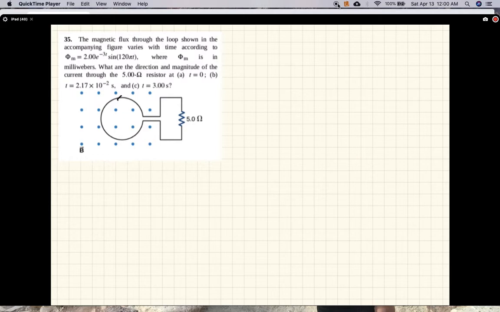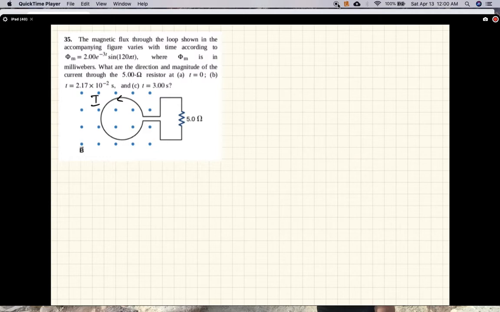So a current will be induced in this direction, and you can stick your thumb out in the direction of the current, and your fingers will point. Or if you stick your right hand fingers in the direction of the current, your thumb points in the direction of the induced magnetic field.